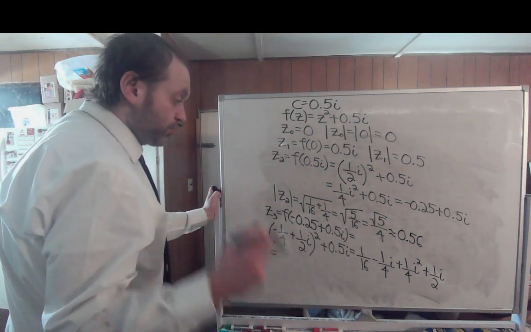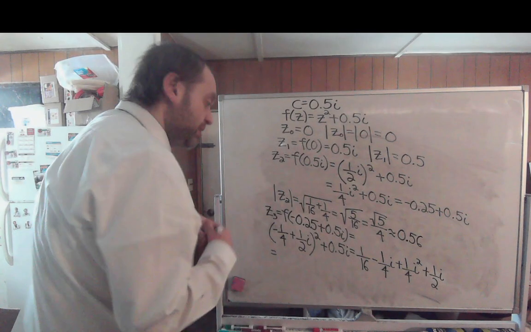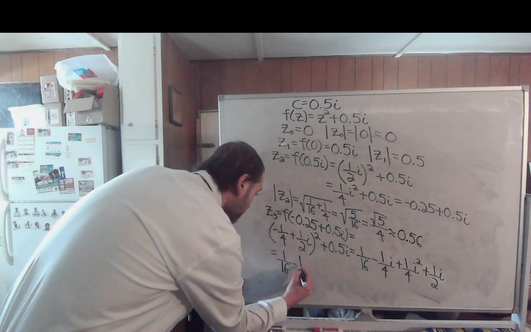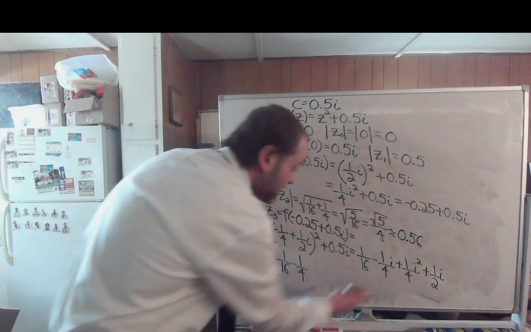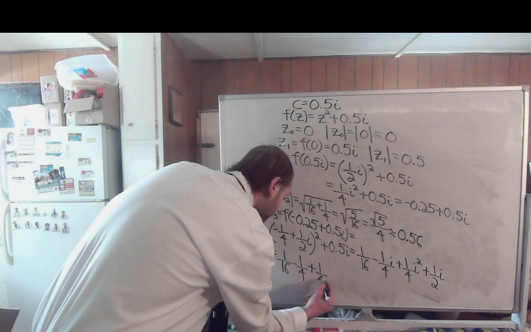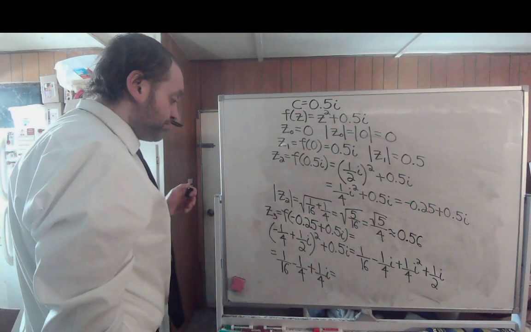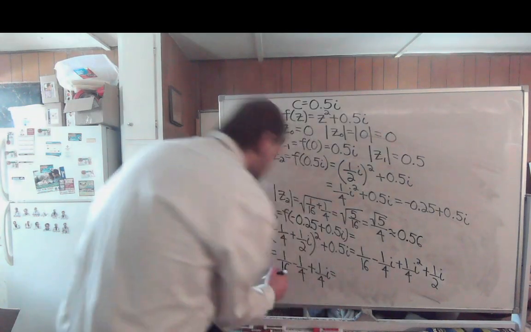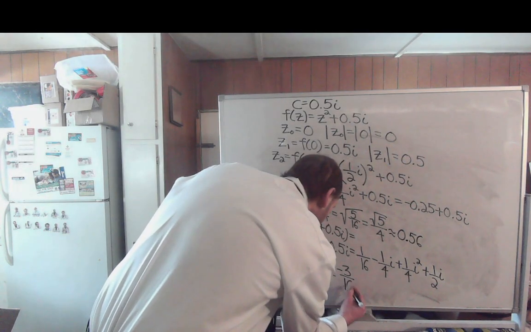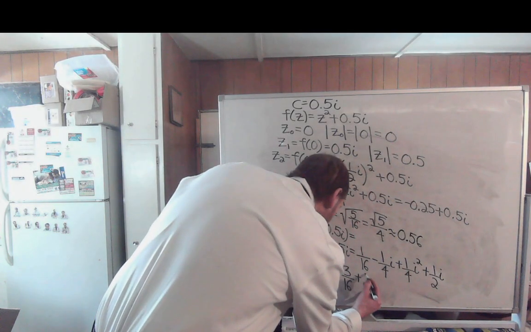Let's start with your real number. So 1/16, and then you have 1/4 i squared, that'd be minus 1/4. So you'd end up having 1/16 minus 1/4. Then negative 1/4 i plus 1/2 i would be plus 1/4 i. Which would end up being 1/16 minus 4/16, that'd be negative 3/16 plus 1/4 i.